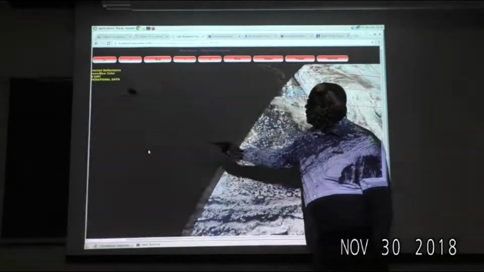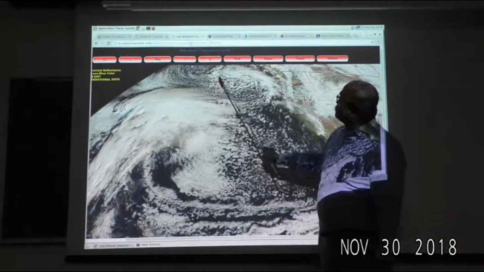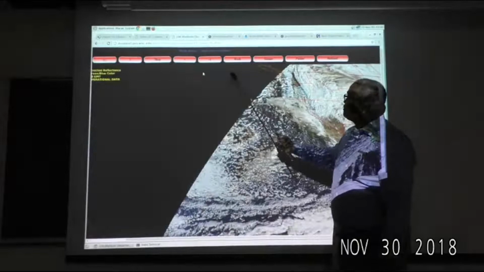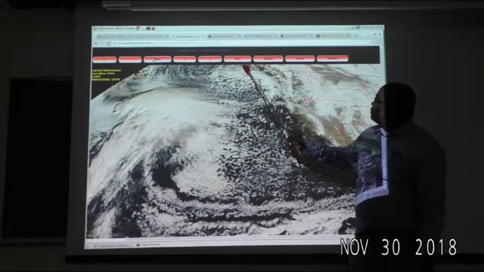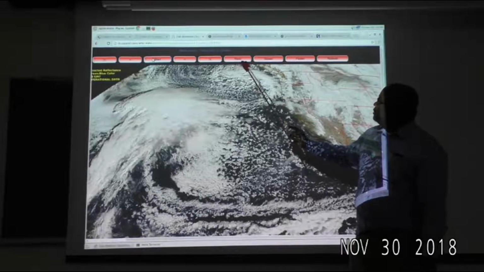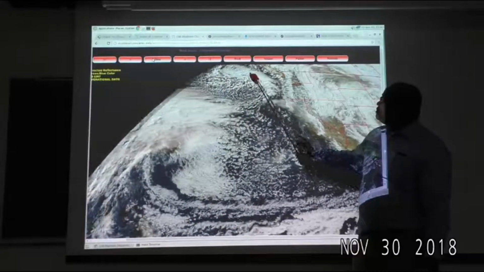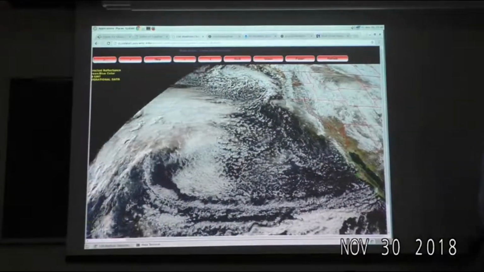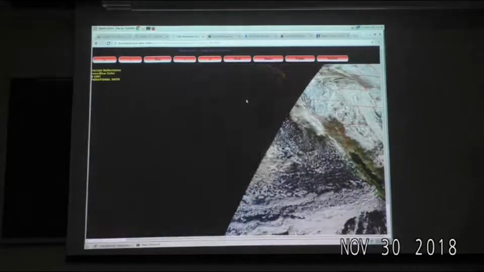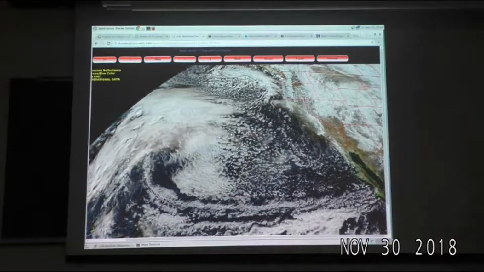Yeah, right about there. Look, you can see here the surge of the cold. You can see it in the cloud patterns. See it surging? There's like an Arctic front, a plume of cold air moving south on the west side of that low. You can see it on the edge of it as it's moving down.